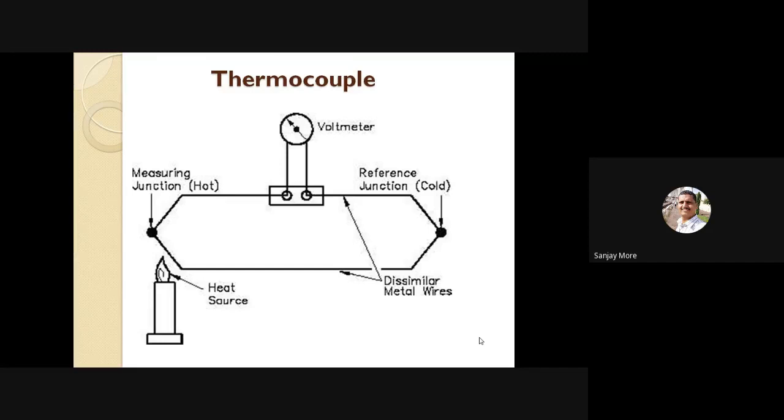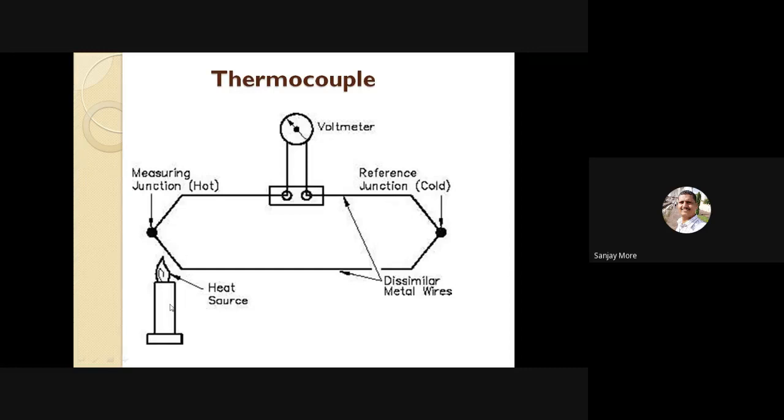Okay. See the diagram of thermocouple. Here two different metal wires are used. One is connected for hot junction and one is connected for cold junction. Here the connection is arranged and connected to the voltmeter.